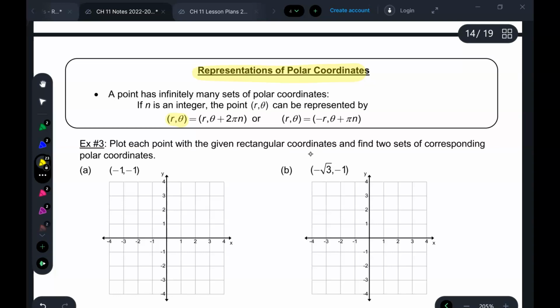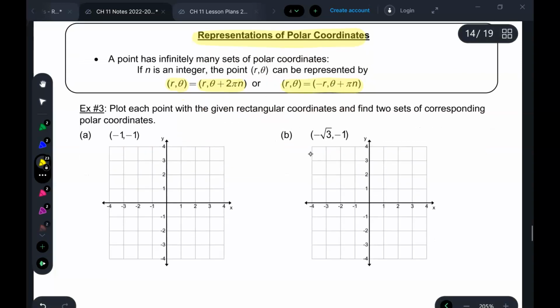So if we have r comma theta, just a quick reminder, we can find multiple coordinates that have the same location, but we're either adding or subtracting a multiple of 2 pi. You can also change the r to be negative, and then you can just add or subtract a multiple of pi.